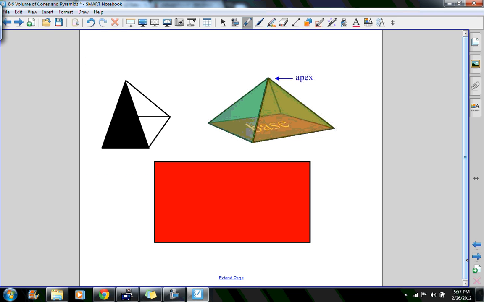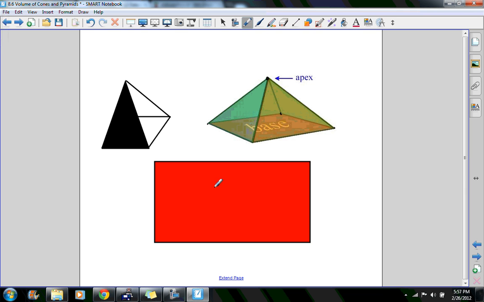Okay, now we're looking at what we would consider a normal pyramid. You see here down at the bottom, we call this the base. Each of these corners are called vertexes, and the very top is called the apex, or you can call it the vertex. Same thing.